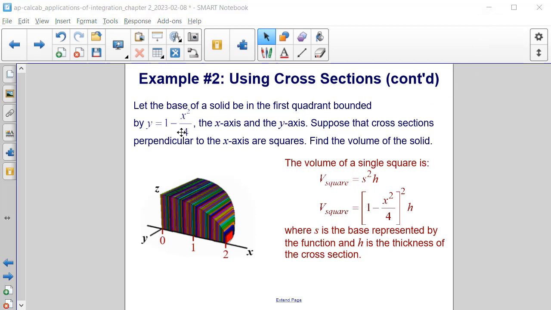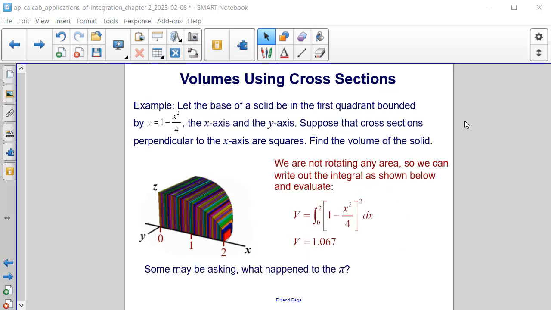And if we substitute our function in for that side length, or the base, we get that the volume of our square is equal to (1 minus x squared over 4) squared, and then again times the height. And again, s is the base being represented by the function, and h is the thickness of the cross-section.